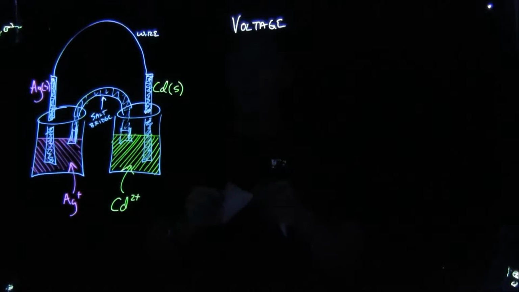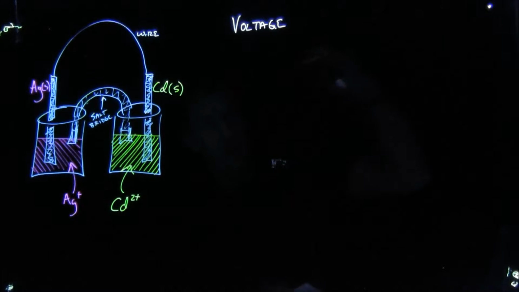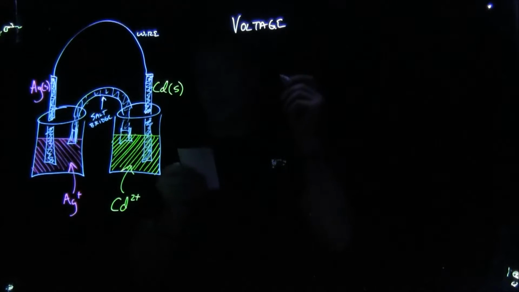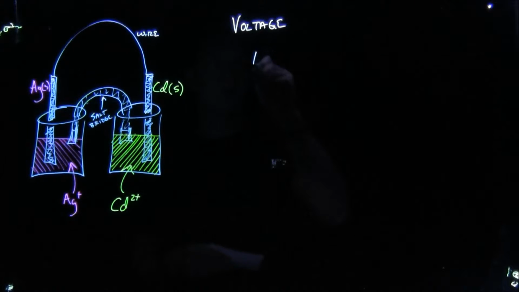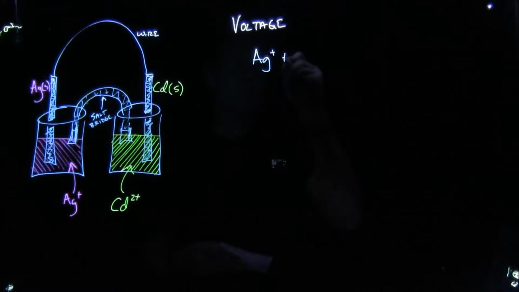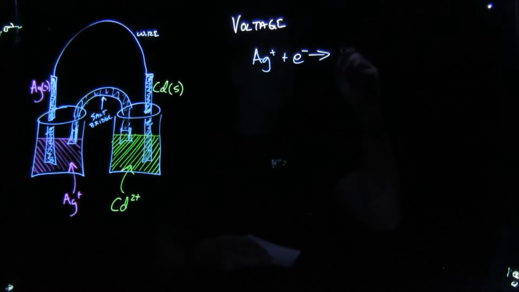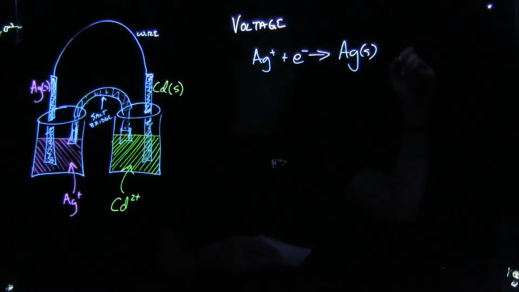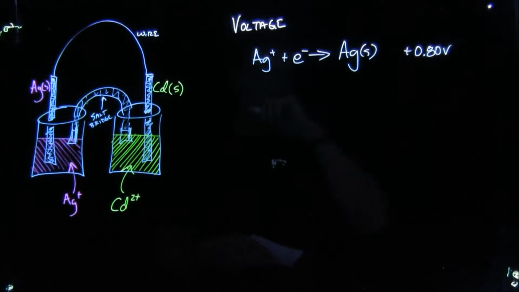All right, so now from the standard reduction table, silver was up higher and cadmium was down lower. So I'm going to write them both down just the way that they appeared on the table. It was Ag+ plus an electron produces Ag solid, at positive 0.80 volts.